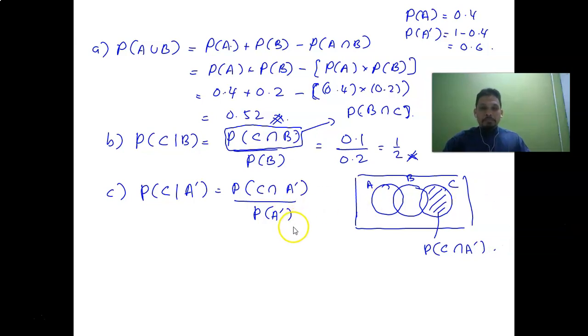Okay, then it is equal to 0.3 divided by 0.6, which is equal to 1 over 2 or 0.5. Okay.